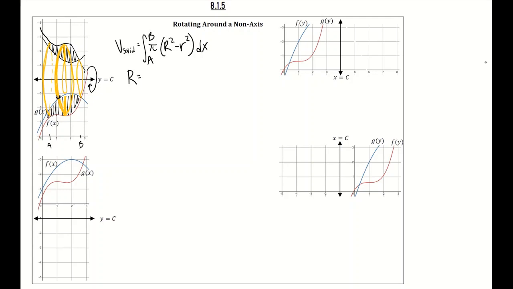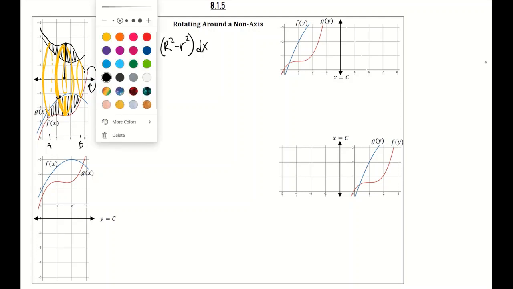So big R is the distance. It's not just the function, okay? It's the distance from the center of the washer to the outer function. So that's not the function itself.